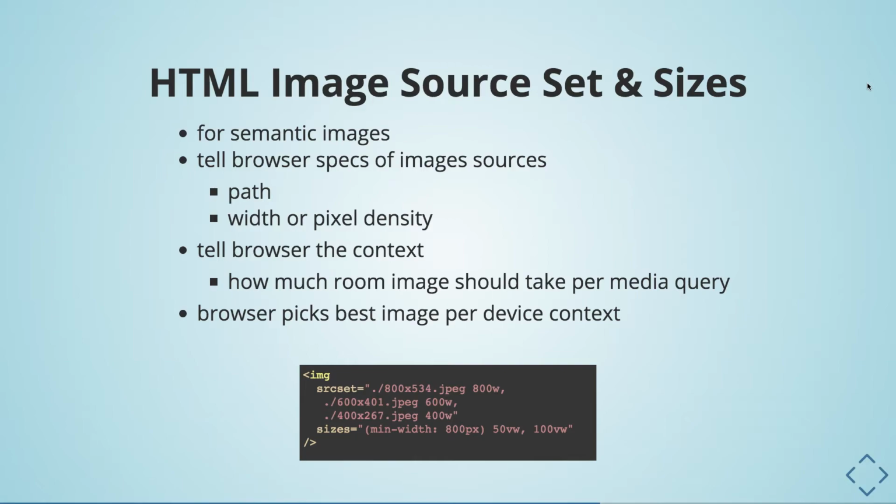In addition to responsive CSS, there are a couple of HTML things we can use. One of them, not a lot of people are aware of: the good old image tag has srcset and sizes. Srcset takes a comma-separated list of the path to the image plus some descriptor of that image, which is usually its width, like 800, 600, 400.